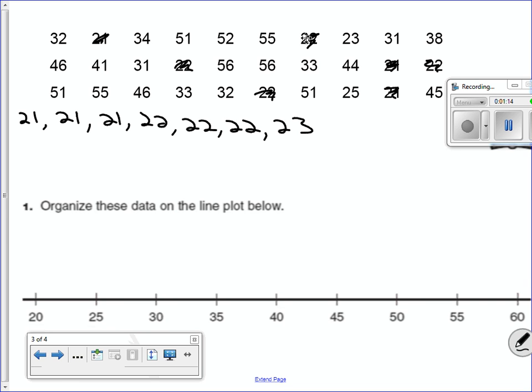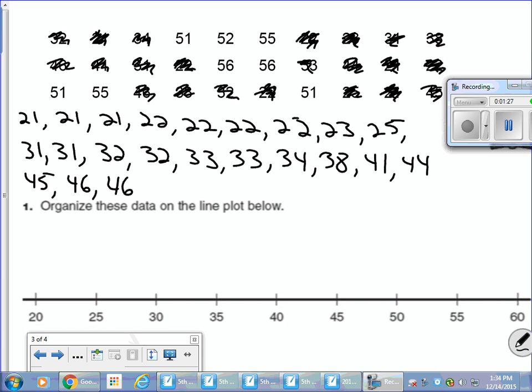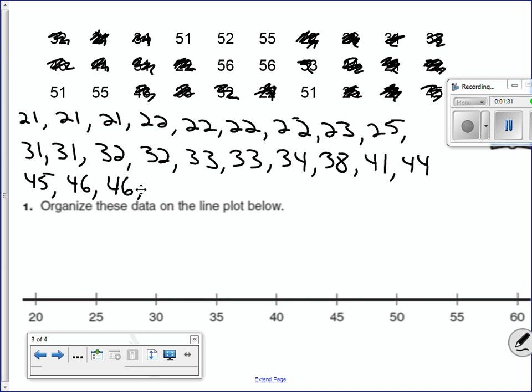Are there any 23s up here? I've got 23 right here. Oops, that's another 22. 23. Kind of jumped ahead here. So then I've got 50. I don't have any 50s, so I'm going to look at the 51s. I have 51, 51, 51.